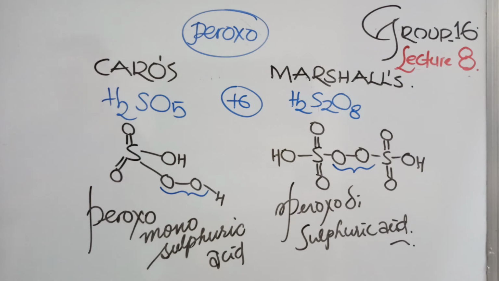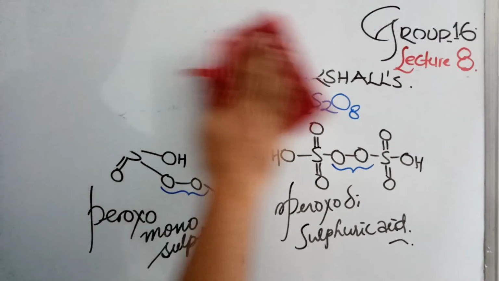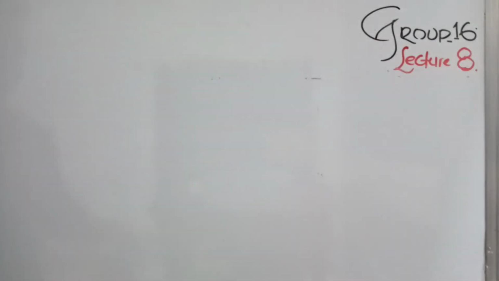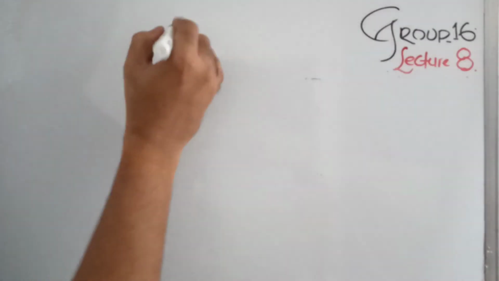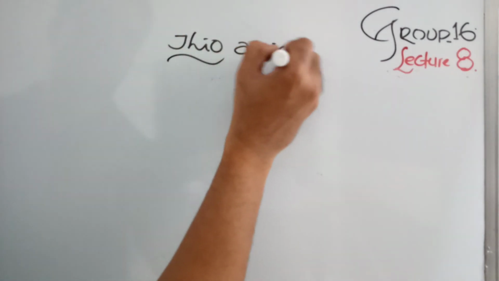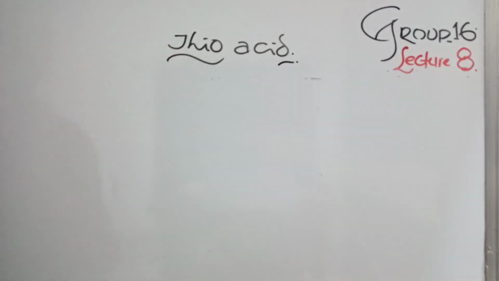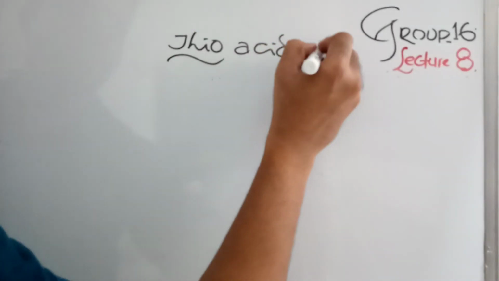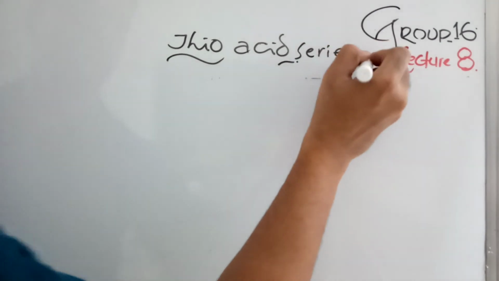Next, thioacid series. In thioacid series, again we have different acids. Thioacid series means there will be a sulfur-sulfur single bond. Not only one, there are a few.